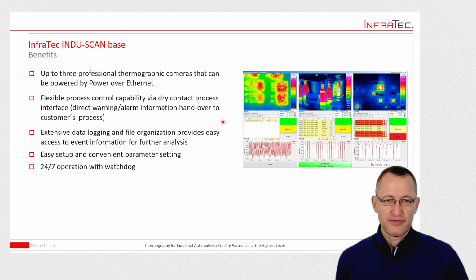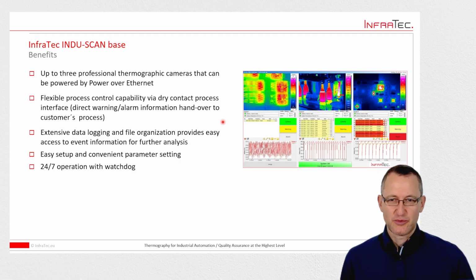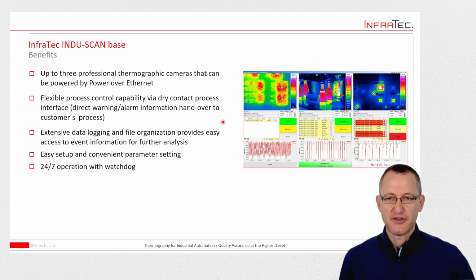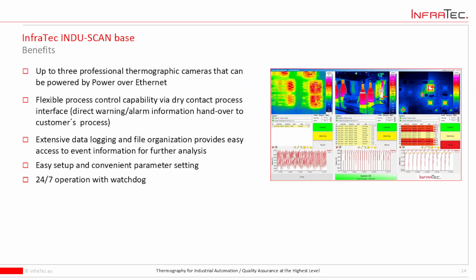A bit more in detail, as I mentioned, with up to 3 cameras, there are the contacts I have explained to hand over to other applications as a warning, alarm information. We have data logging possibilities, so to see later what triggers an alarm. It's an easy setup, and it's made for 24/7 operation with the watchdog.